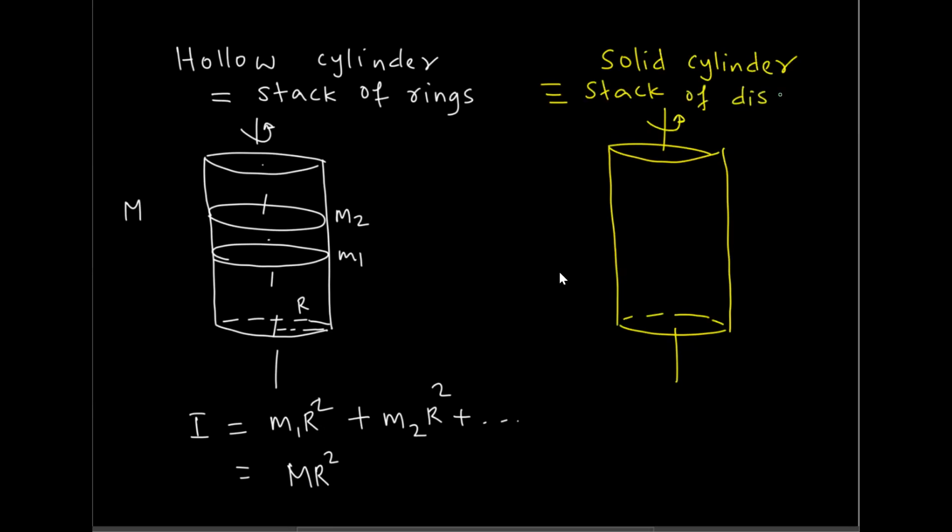If M is the mass and R is the radius, irrespective of the height of the cylinder, we can just say that the moment of inertia is MR square by 2.